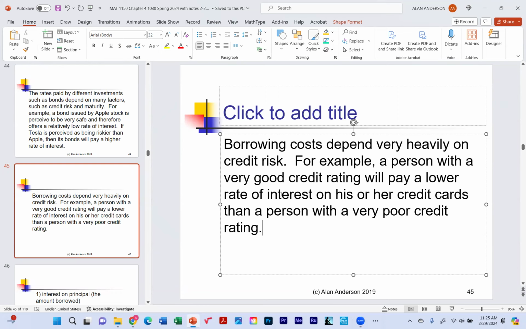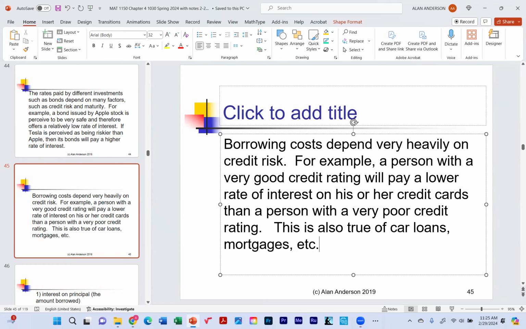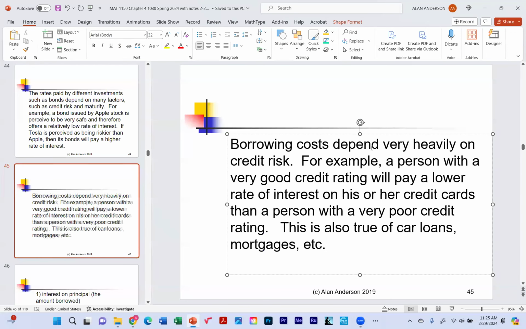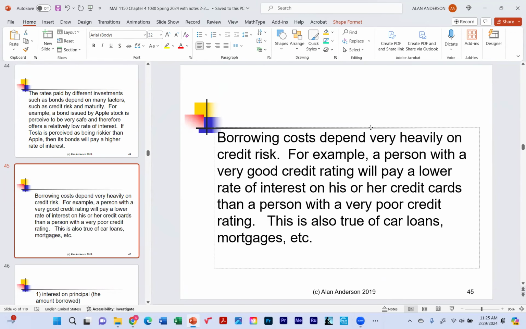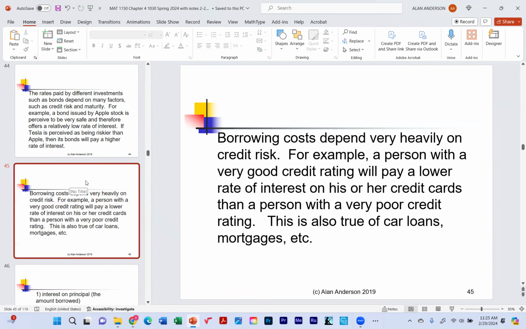The same thing holds for other things too. This is also true of car loans, mortgages, et cetera. In other words, really a lot of it comes down to the credit risk. So interest rates will heavily influence how much it costs you to borrow and how much you can earn from your investments.